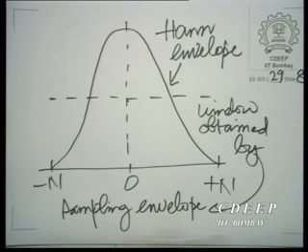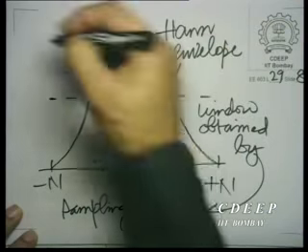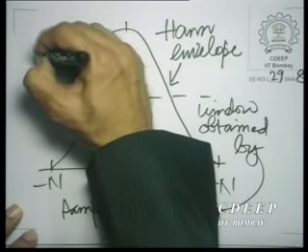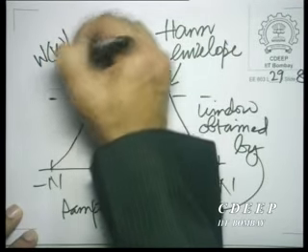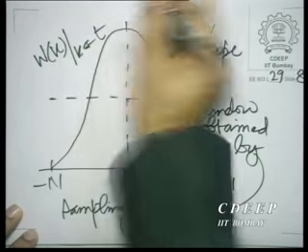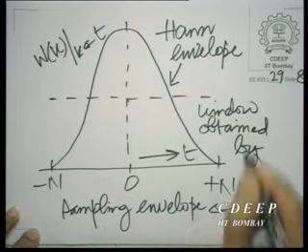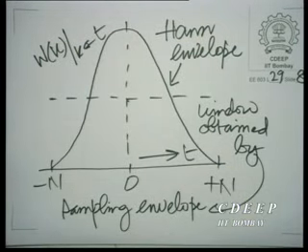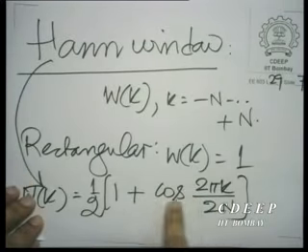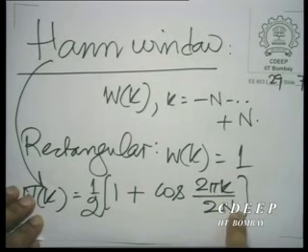You see, how you get the envelope is very easy. You get the envelope by replacing k by t. t becomes continuous. So in this expression you can think of replacing k by t. It gives you cos 2 pi t by 2N.